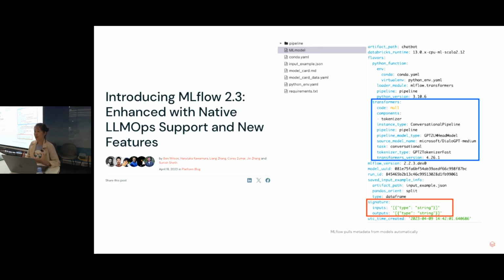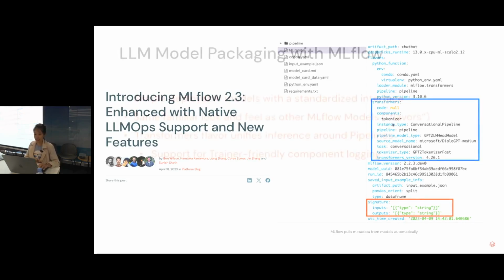So people are a lot more upfront about what the model can and cannot do, so that you don't just use it for a purpose that may not be ethical or may not be suitable. So what the transformers flavor does is that it will pull the model card from Hugging Face if there is one available, and it will also log that model card into the model metadata.